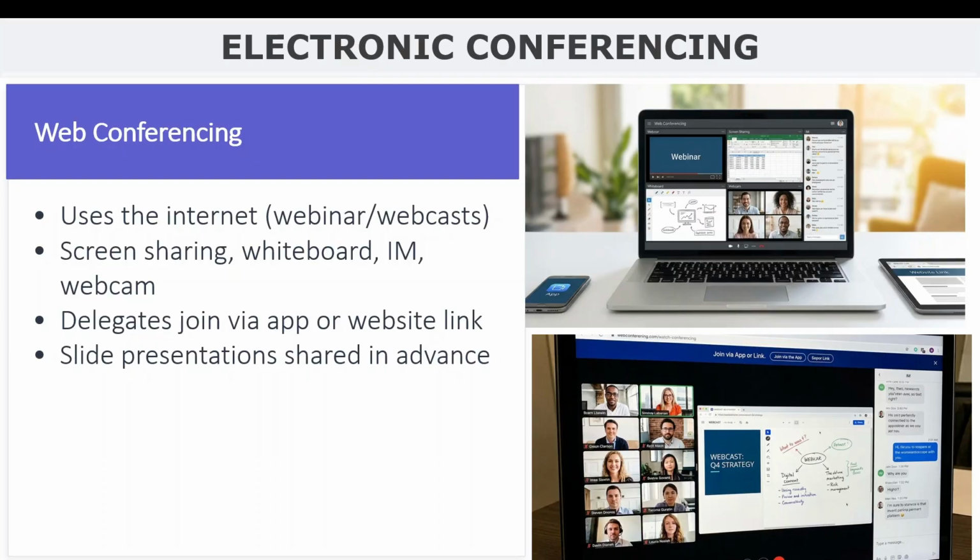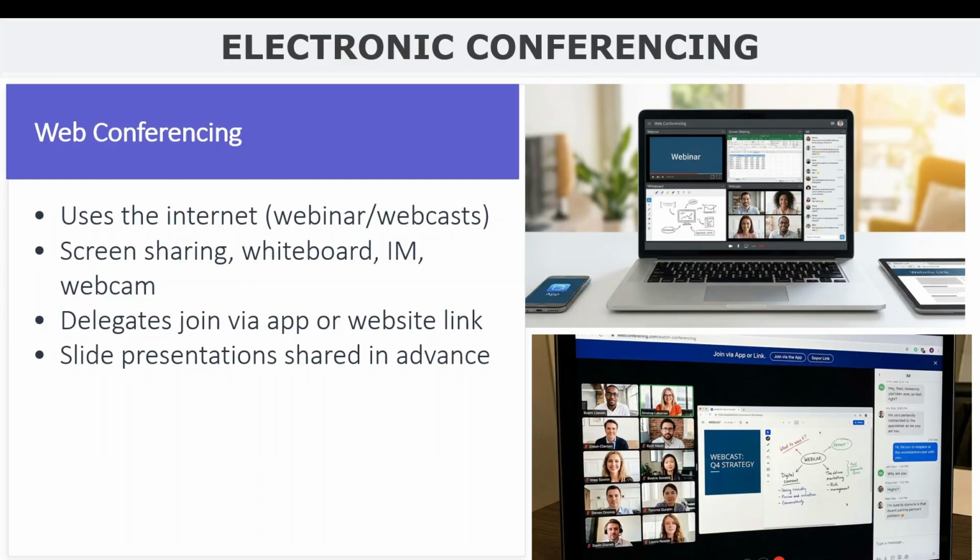The next point talks about screen sharing, whiteboard, and IM webcam. So here, participants can share their screen and collaborate with a virtual whiteboard, and then they send instant messages, and then use webcams for video communication.